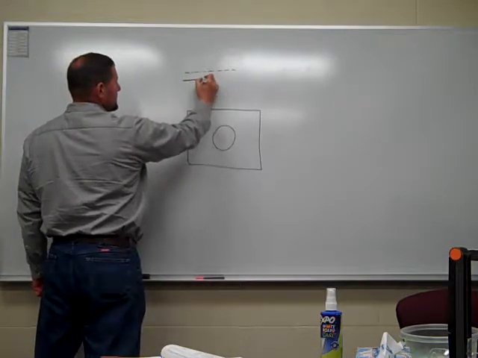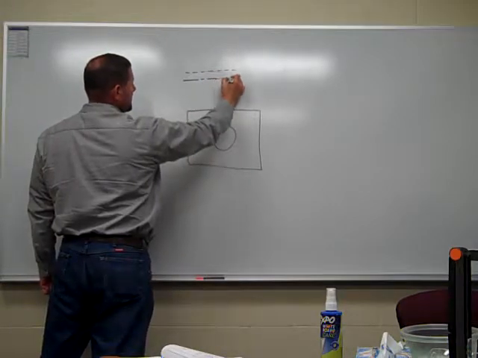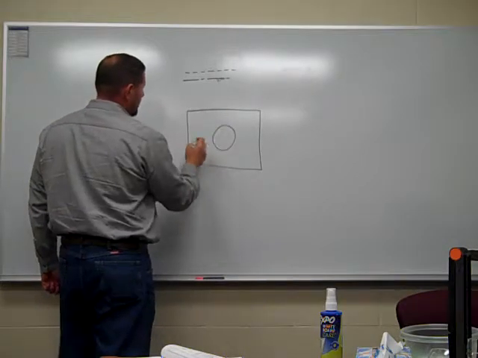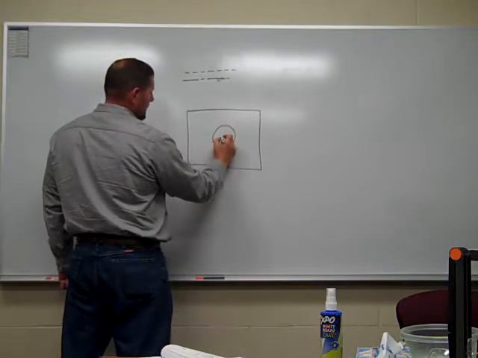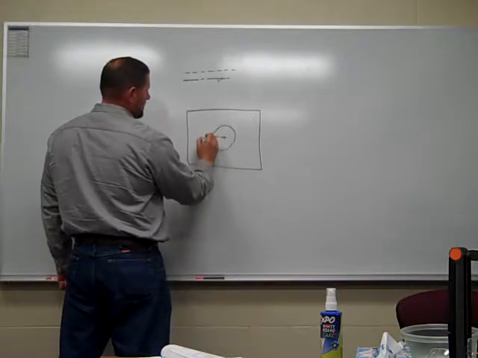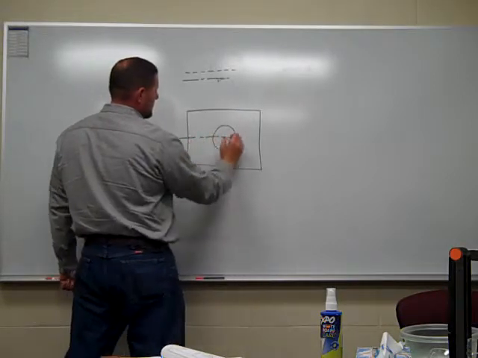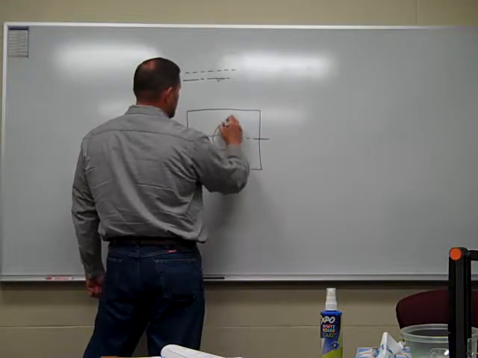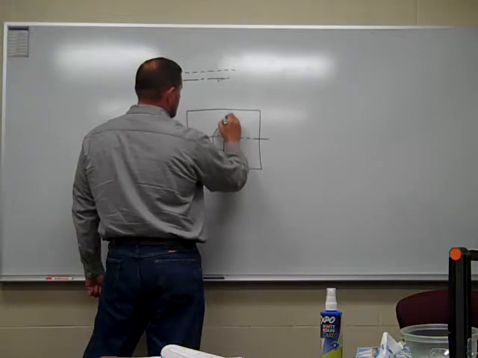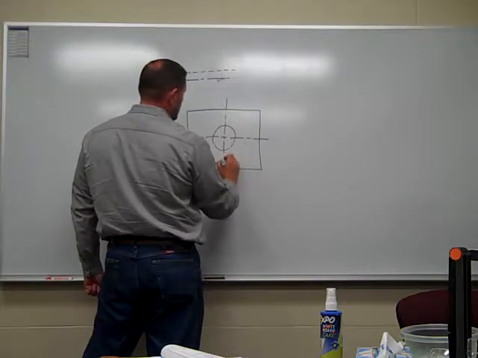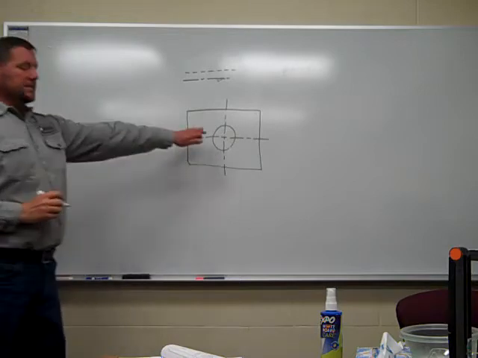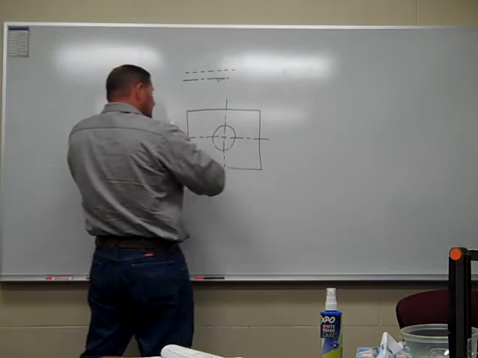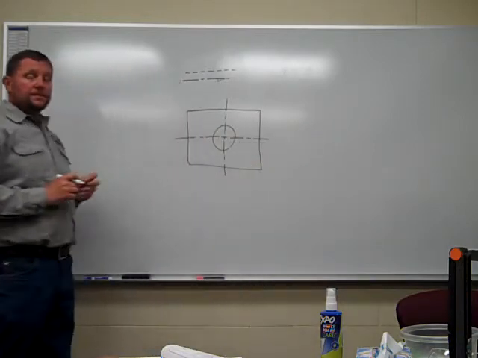It's a long dash, short dash, long dash, short dash. Let's make that a little longer, short. So for example, center line right here. So those are center lines, showing you the center of that circle. Now, they don't always have to extend all the way out.